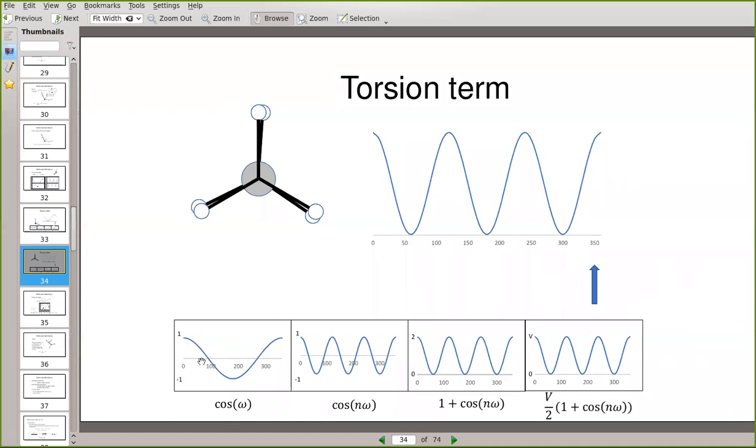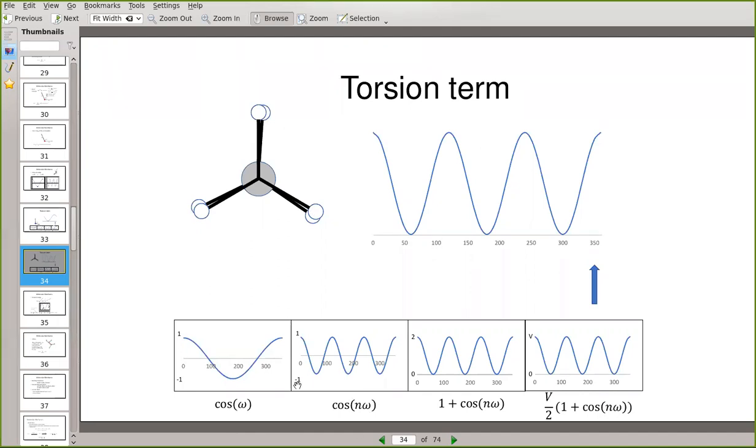So how do we change a cosine function to match that? Well, let's start with a cosine function which goes between 1 and -1. And you can see there's only one maximum, which is a problem. So what we're going to do is cosine 3 theta to make 3 maxima. So it will be eclipsed, eclipsed, eclipsed. So there'll be 3 cases per 360 degrees where the energy goes up.